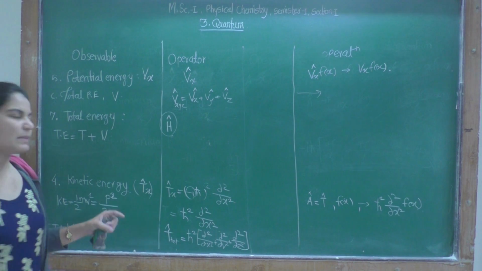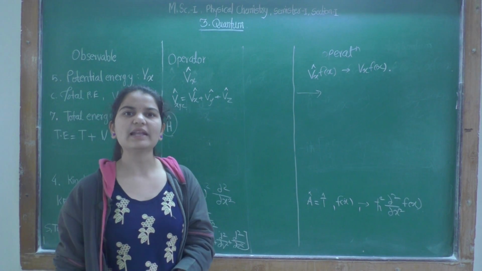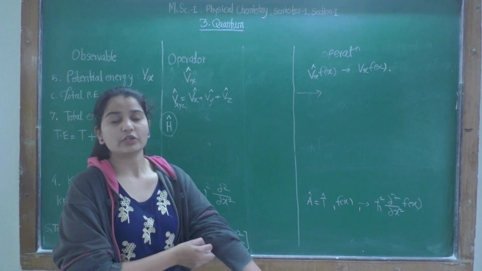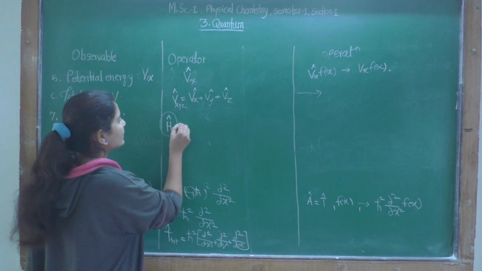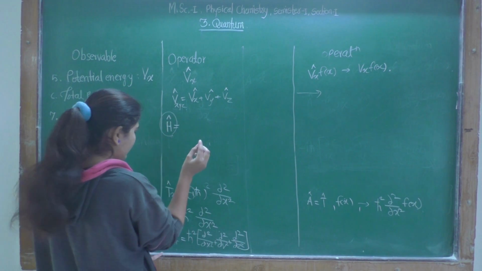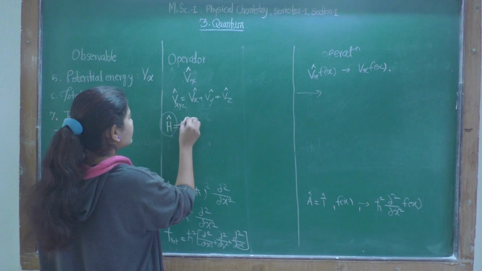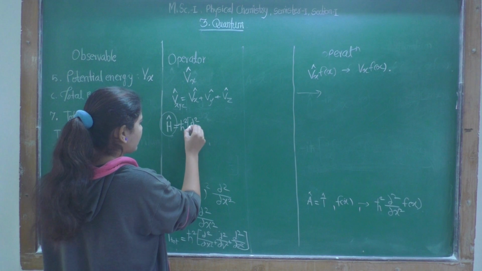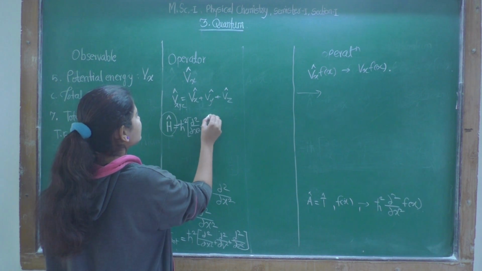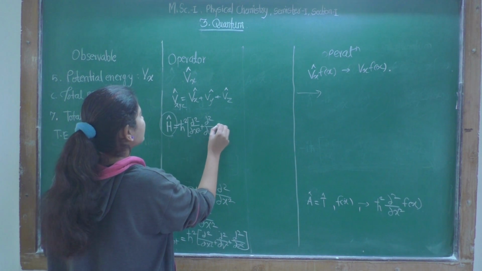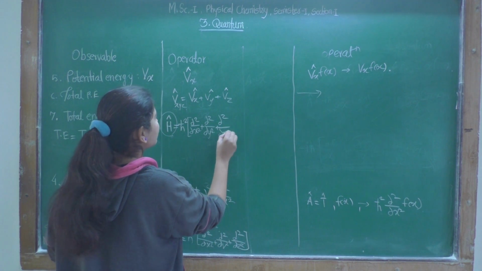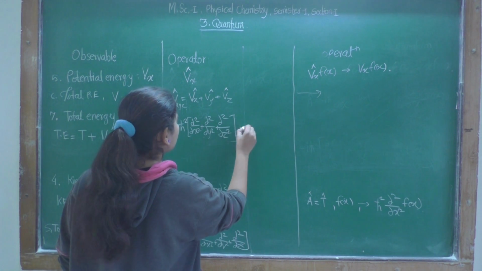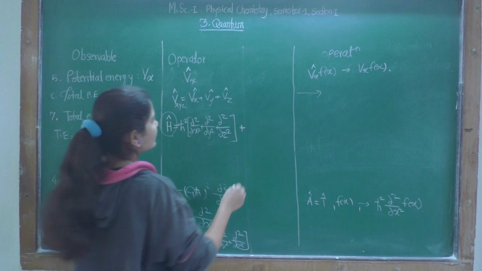H cap is called the Hamiltonian, and it represents the total energy of the system. It will be equal to the kinetic energy operator, h cross square in bracket, del square by del x square plus del square by del y square plus del square by del z square, plus, what is potential energy?